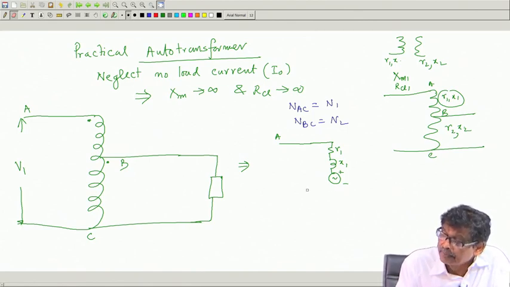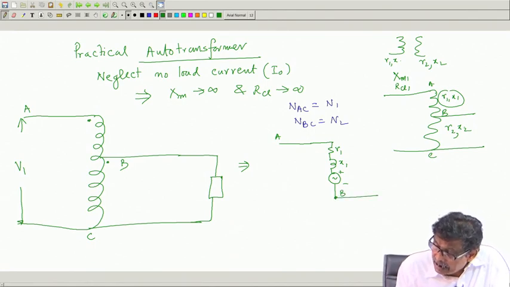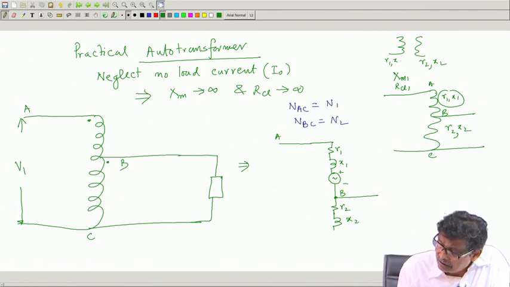Now, I reach up to point B. This is the point B, and then I will draw R 2 and J X 2, I am not writing J, you understand, it is R 2 X 2, and then there will be another induced EMF in this portion.